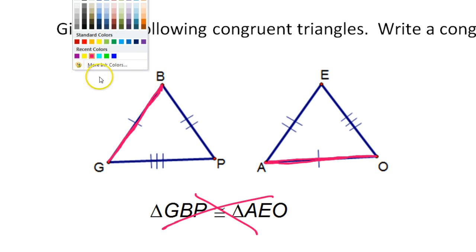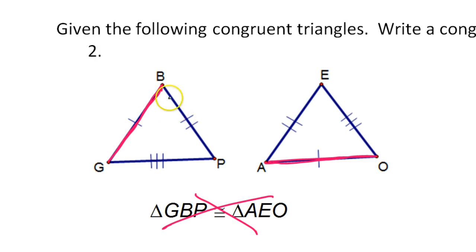The double is BP, and on this one the double is AE, so those go together. The one that's left is GP, and that goes with EO.